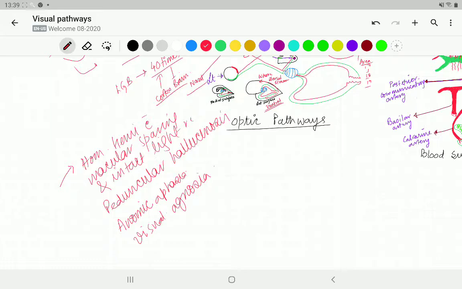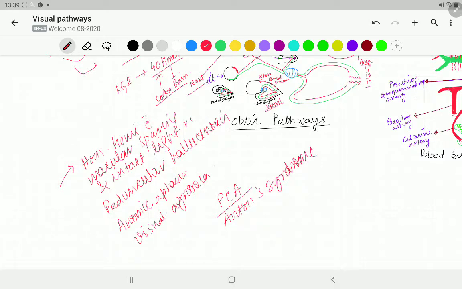Now there is an interesting syndrome which can happen if there is bilateral involvement of the PCA, what we call Anton syndrome.